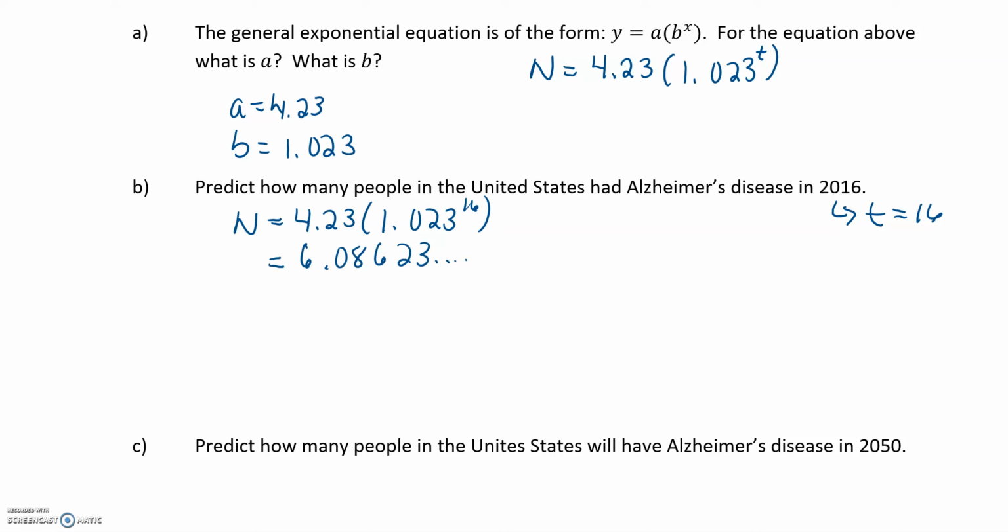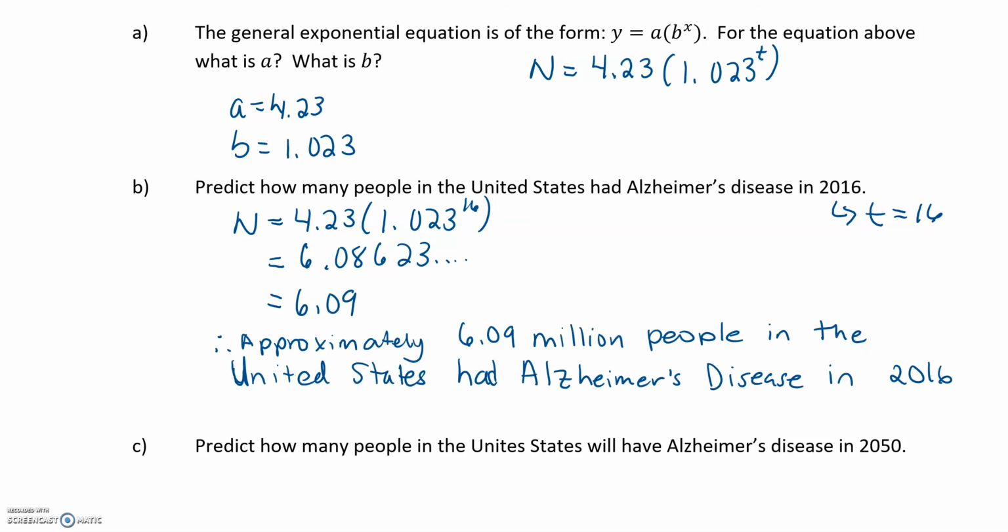This is equal to 6.08623 and so on, which we would round to 3 significant figures as 6.09, since the initial number of people with Alzheimer's disease in the United States is 4.23, which is reported to 3 significant figures. Therefore, approximately 6.09 million people in the United States had Alzheimer's disease in 2016.